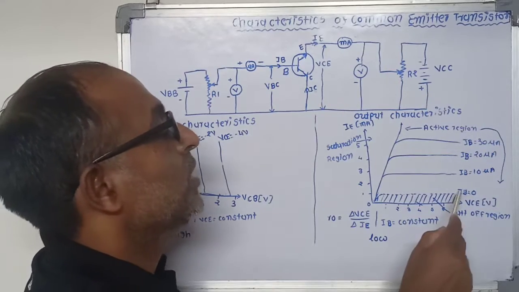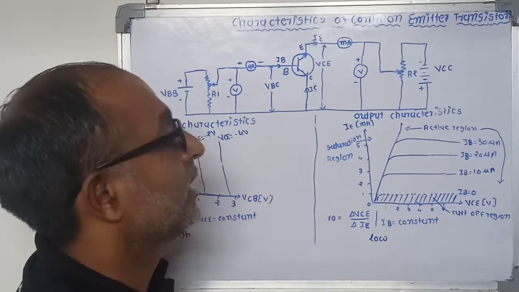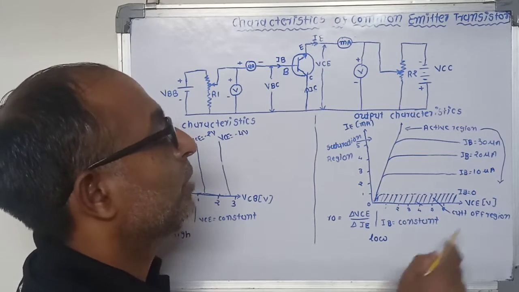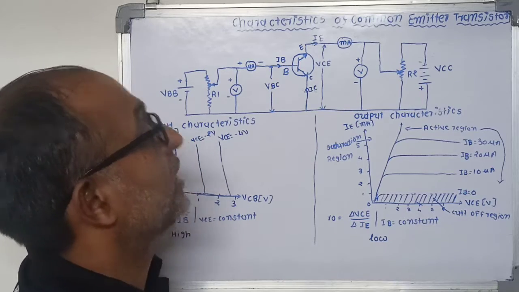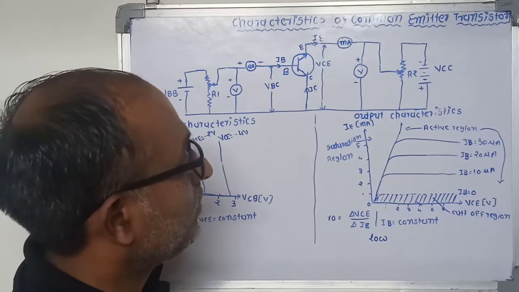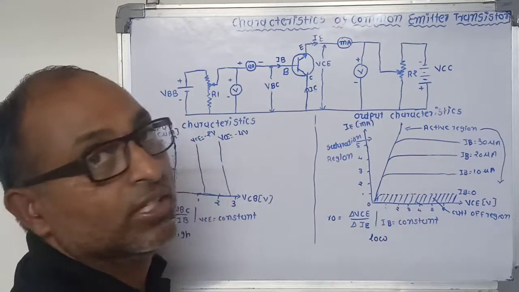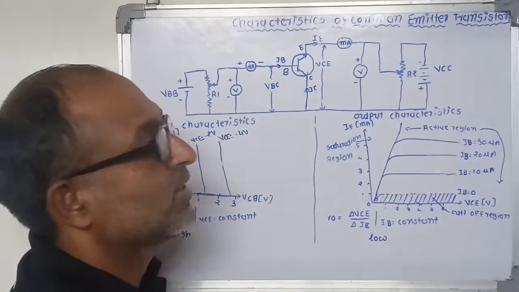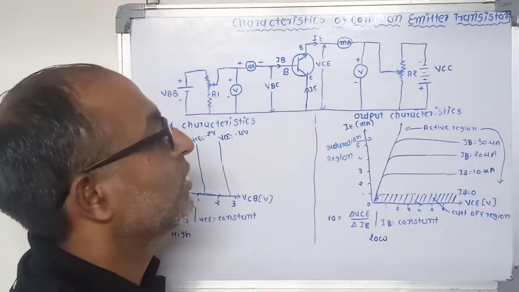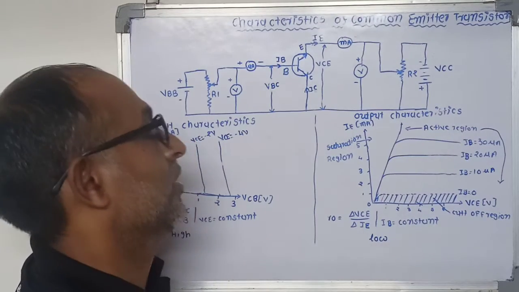Now when the base current is 0, the transistor is operated in the cutoff region. That means there is no base current and there is no output emitter current.